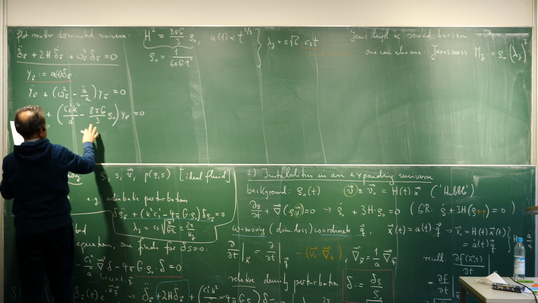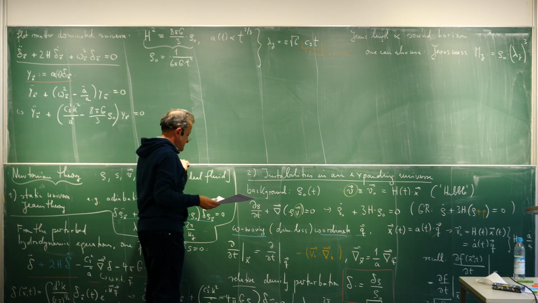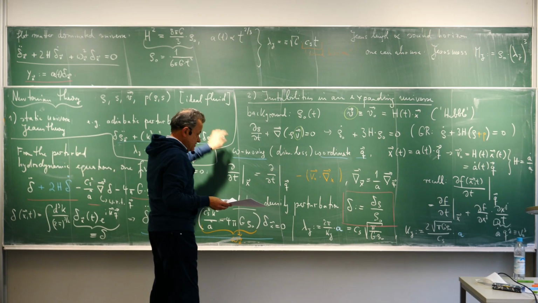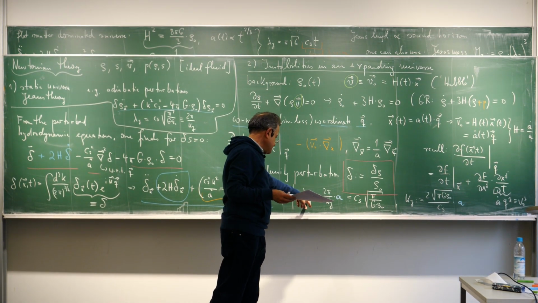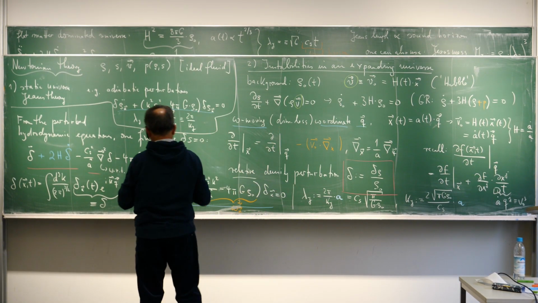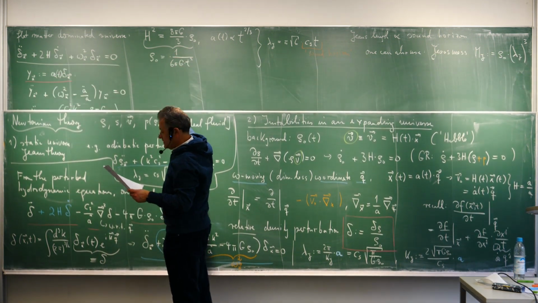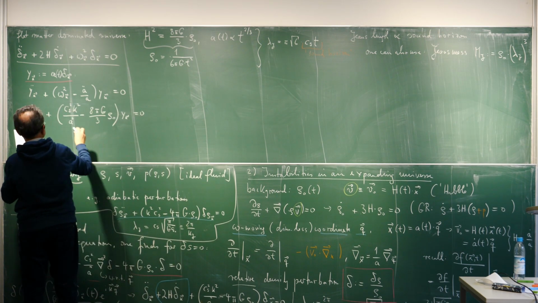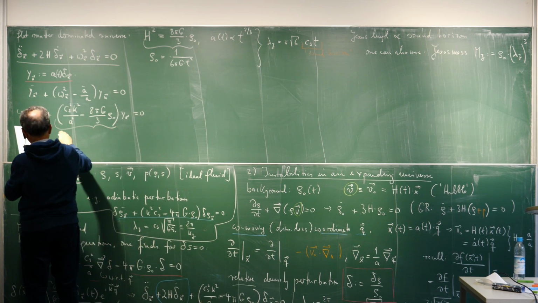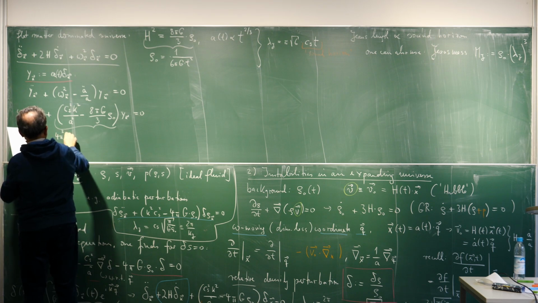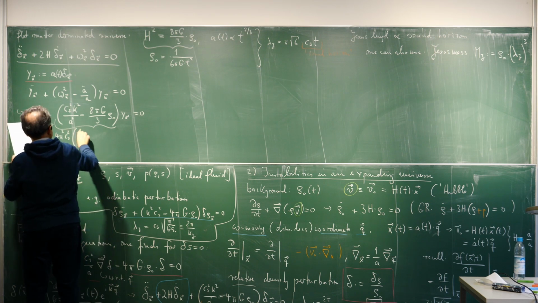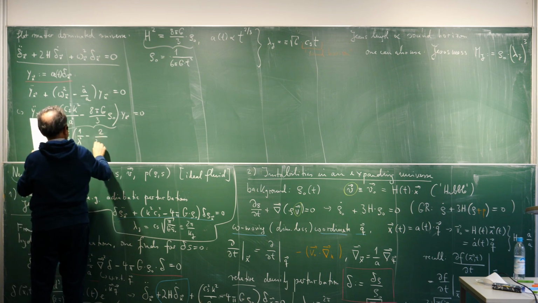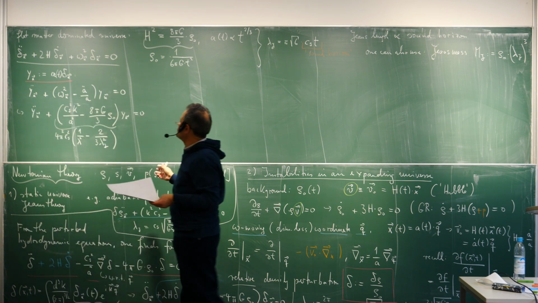We can also use the wavelengths and the Jeans wavelength here. Generally the wavelength is 2 pi over k times a. So we can write this as 4 pi squared c_s squared times 1 over lambda squared minus 2 over 3 lambda_J squared.